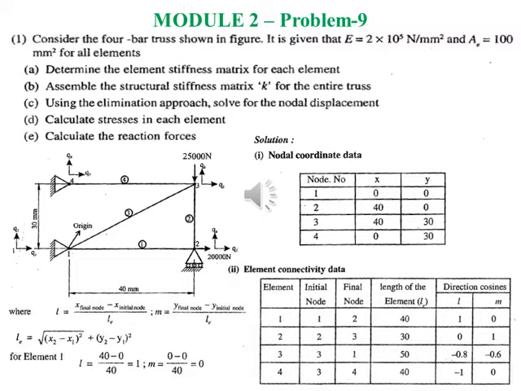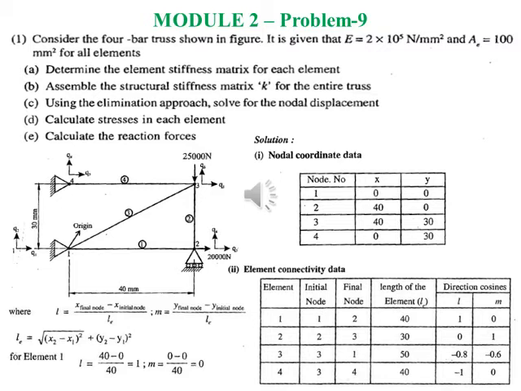For element 3 the initial node is 3, final node is 1, and for element 4 the initial node is 3 and final node is 4. So the length of the elements: element 1 is 40, element 2 is 30, element 3 is square root of 40 square plus 30 square, which is nothing but 50. For element 4 it is 30.